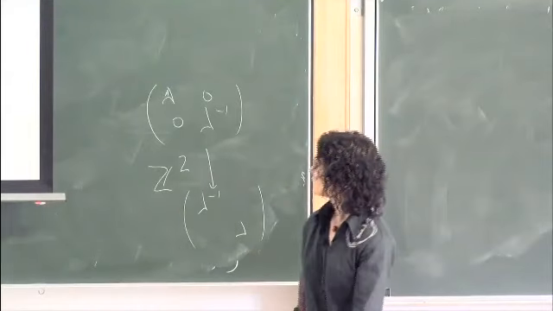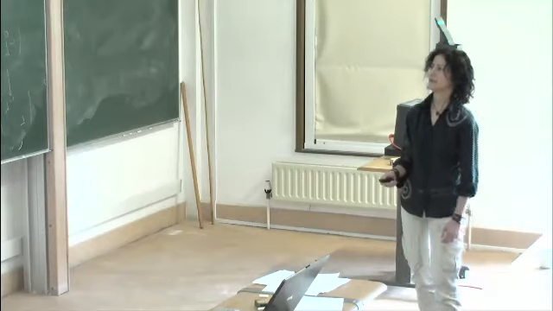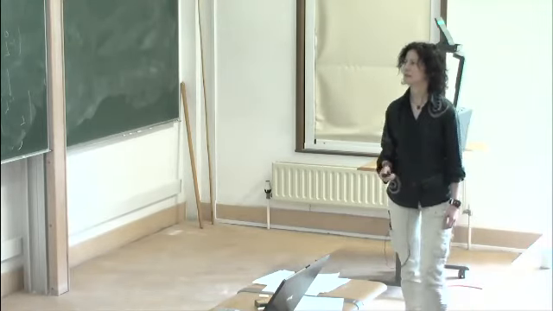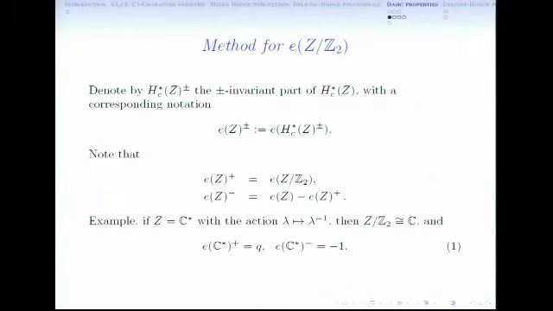So we need a method for what happens when you have a Z2 action on your variety. Just a little example. Let's first denote by plus and minus the Hodge polynomial with respect to the plus and minus invariant parts for the Z2 action, and note that if we denote by E of X the total, then the minus part is just the total minus this invariant part.